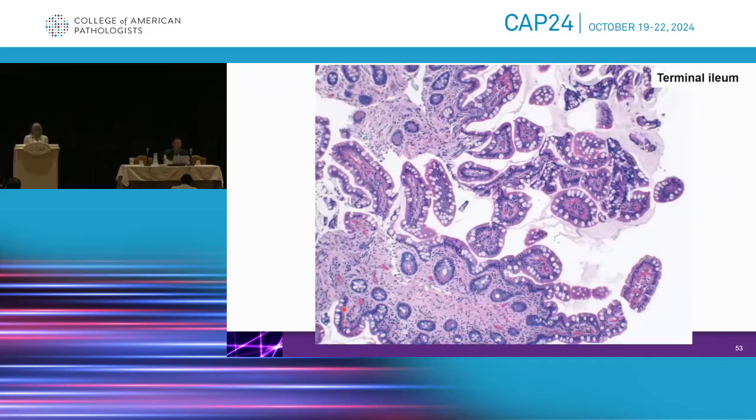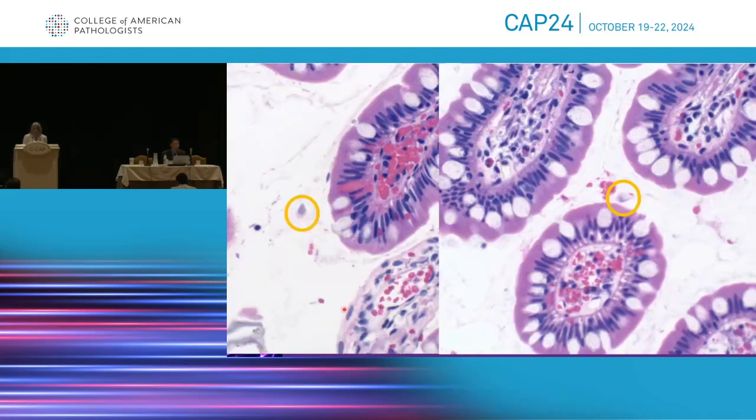So just to go back to this case then of this terminal ileum, we know that we have giardia in the duodenum, but let's look a little bit more closely here at this totally normal duodenum. And in fact, you can find just a few trophozoites classic for giardia in here.